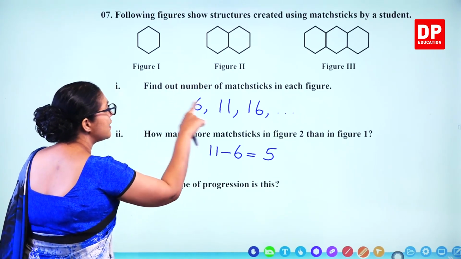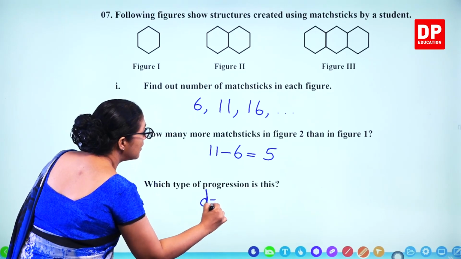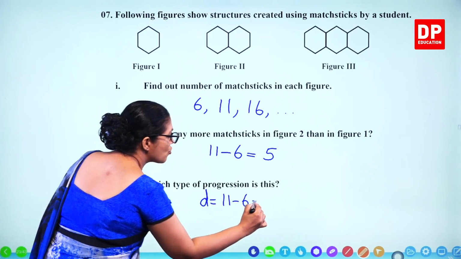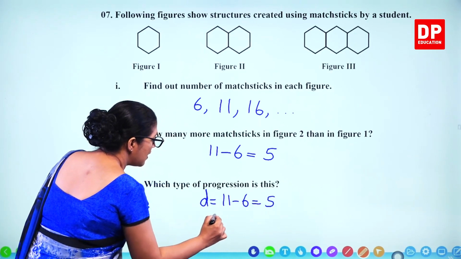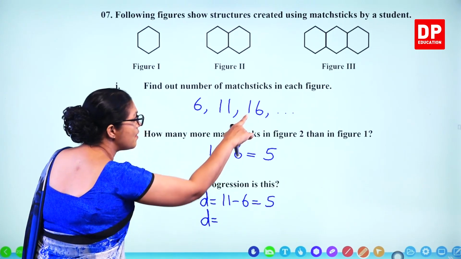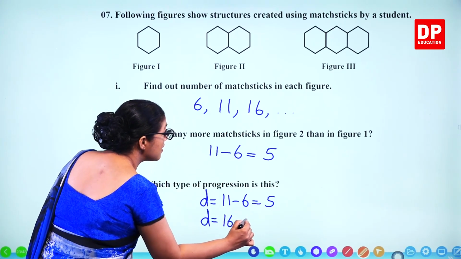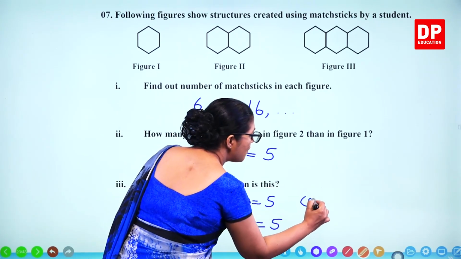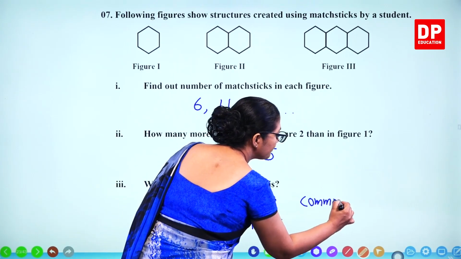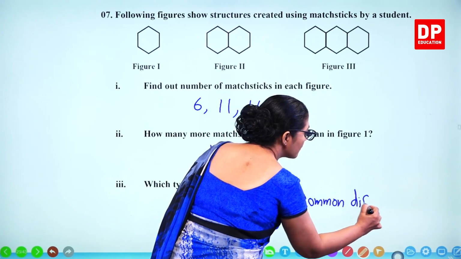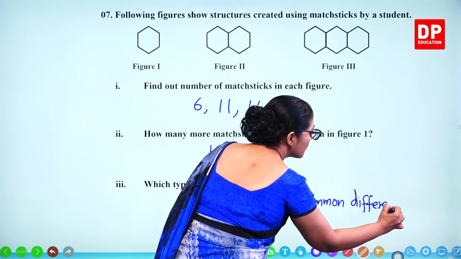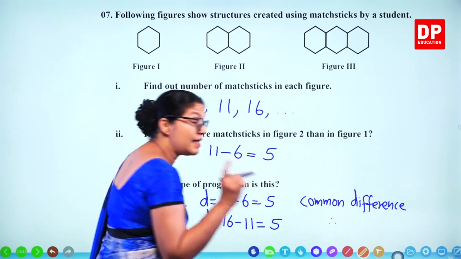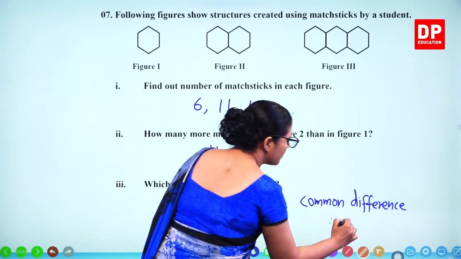Now when you take the difference, 11 minus 6 is also 5. Then when you take the other one, third term minus the second term, that's also 5. Common difference is there. So it's an arithmetic progression.